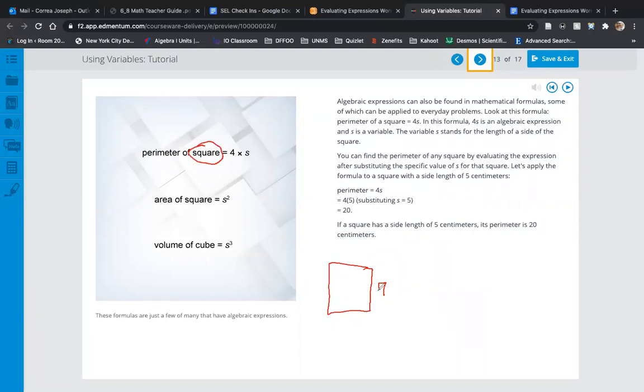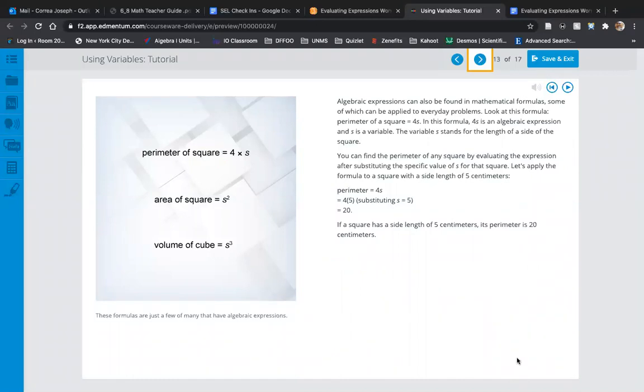So now I say, okay, I know I would have to take 7 plus 7 plus 7 plus 7, or think about what I saw before. It's just going to be 7 multiplied by 4. That's going to give me the perimeter, which in this case is 28. All right? So that would work with any single square. If I want to figure out what the perimeter is and I know how long the side length is, I do 7 times 4 to get 28.